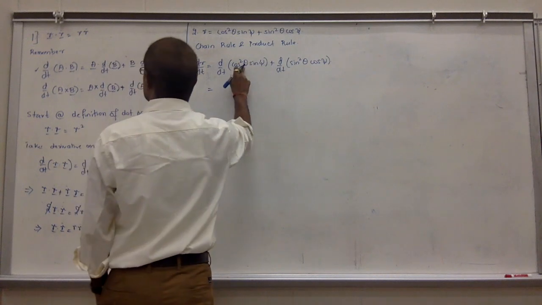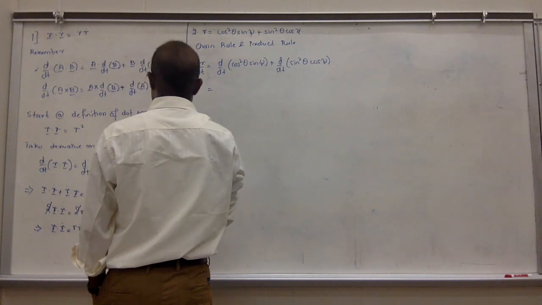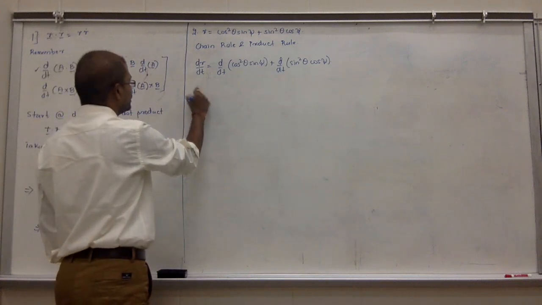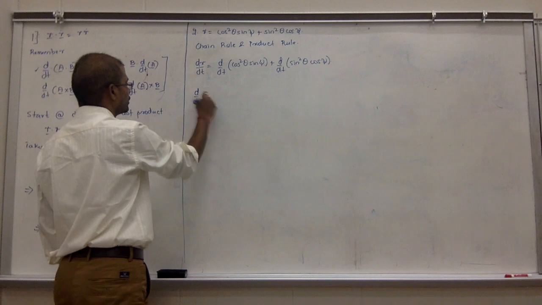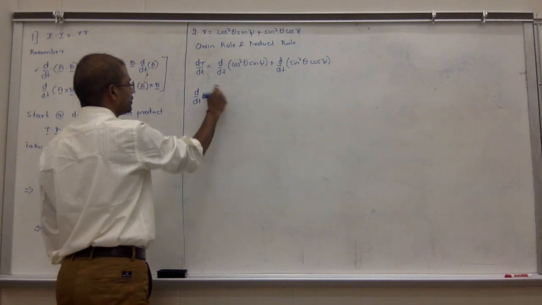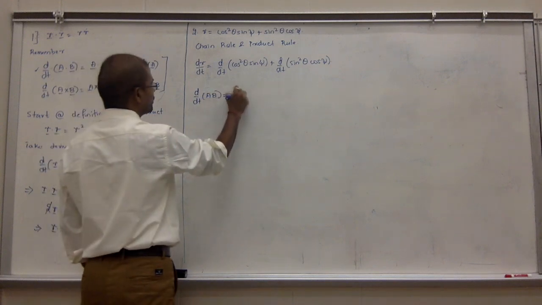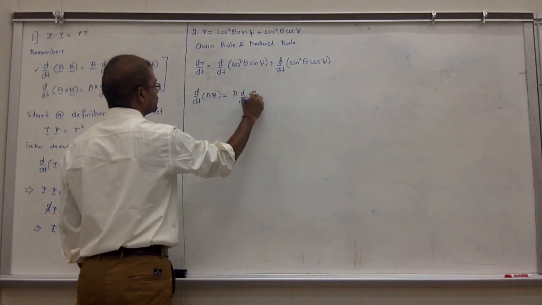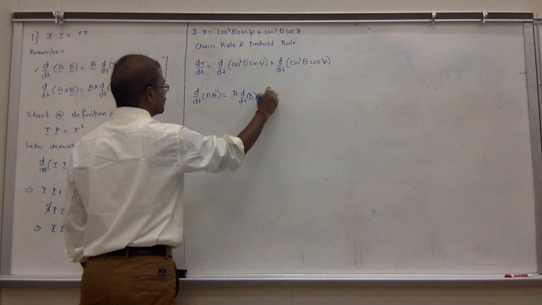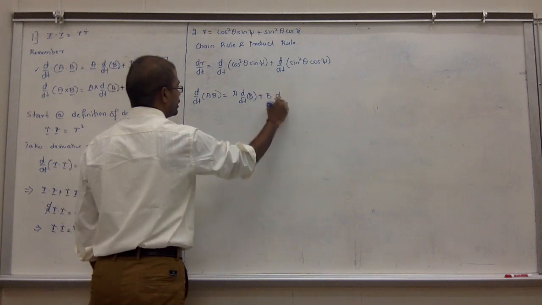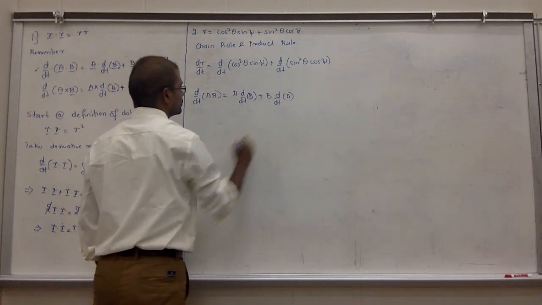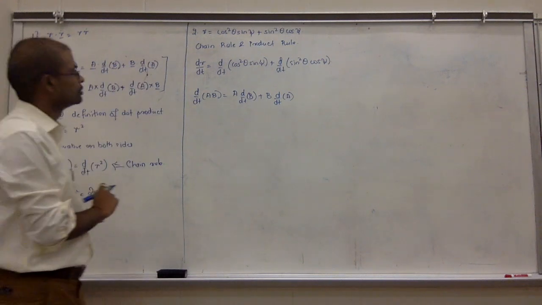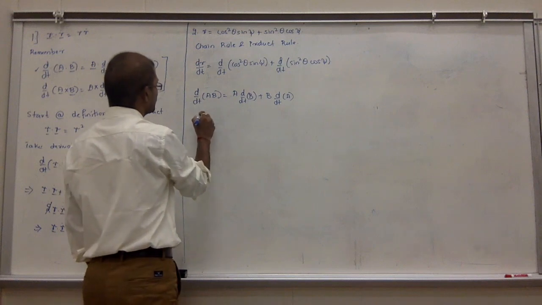So think about this. What is the product rule? A into B, d over dt of AB is equal to A d over dt of B plus d over dt of A times B. This is the product rule. So if you apply this, what are you going to get?